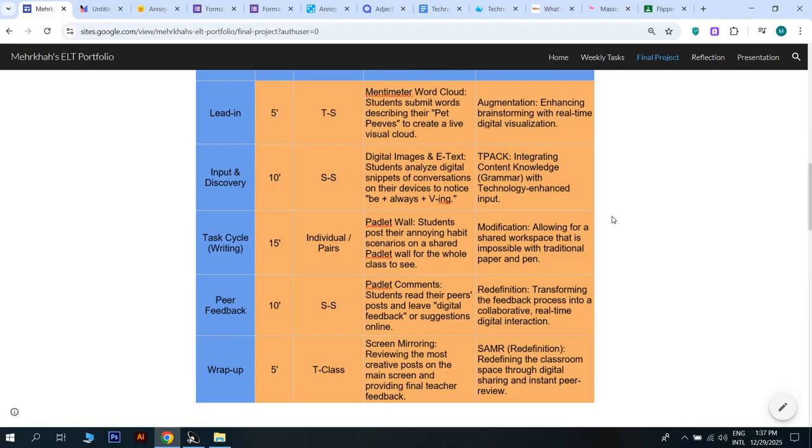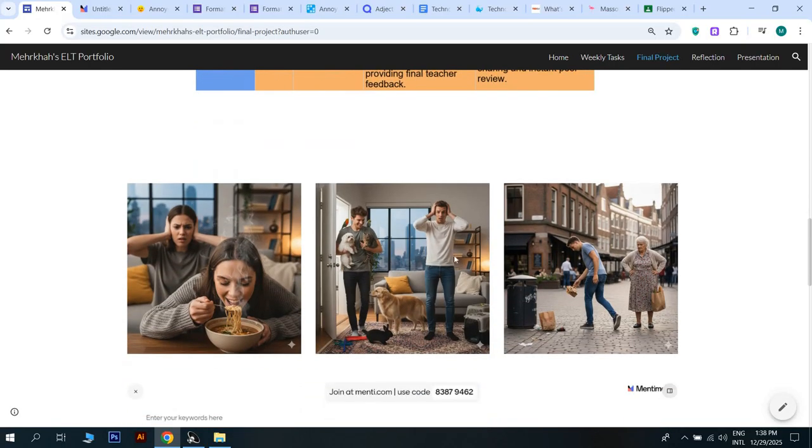Maybe, considering that with Padlet students can simultaneously and in real time like and comment, both at the same time, and for a different number of peers, maybe in distance it's redefinition.